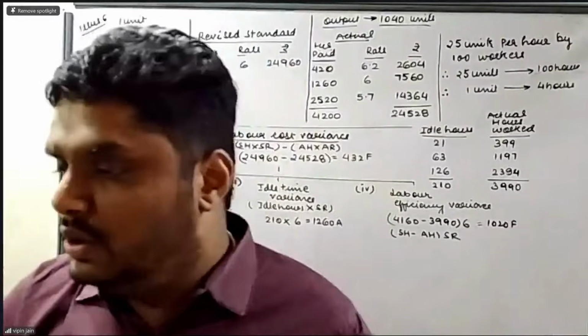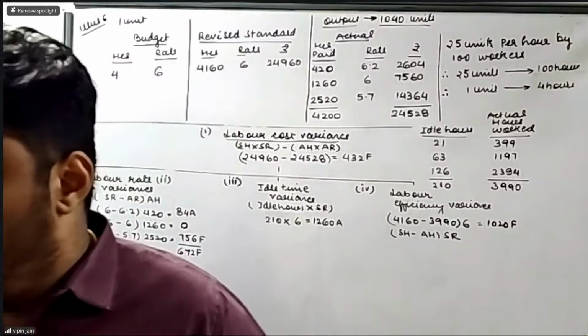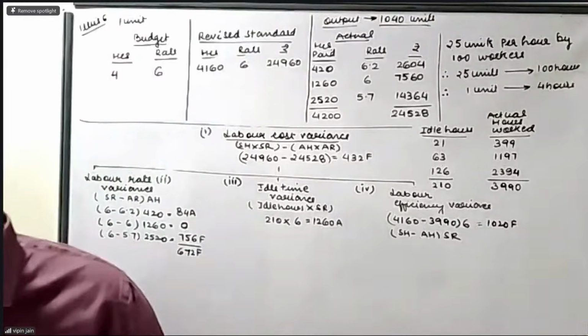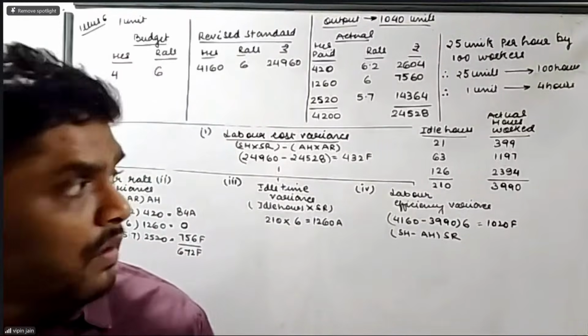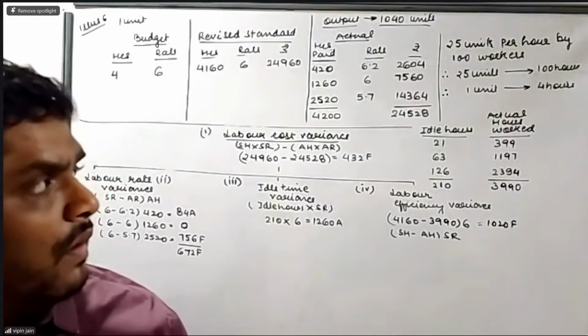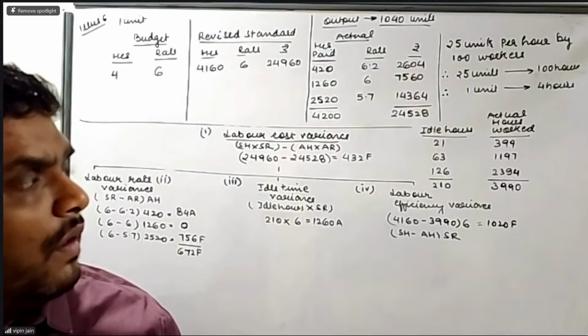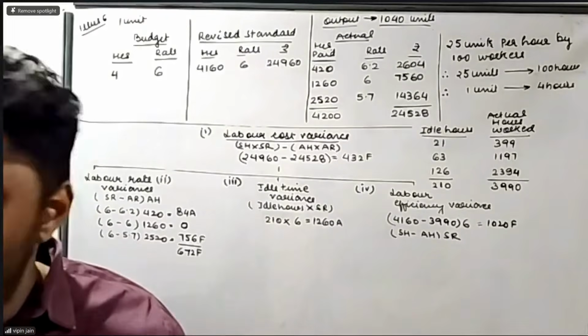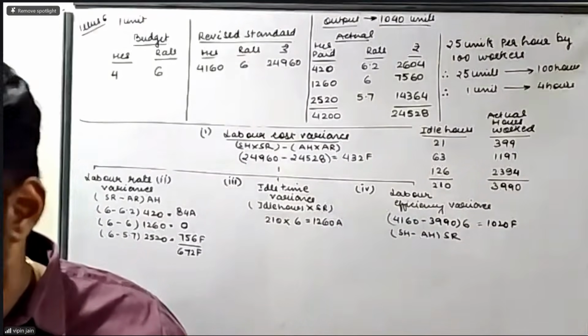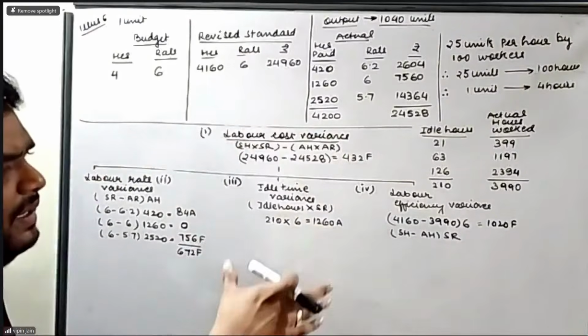Anyone else with any doubts or queries? Yes, Lohit? No sir, this was it. And the working you have shown for 25 units per hour by 100 workers, this small working is more than sufficient for this much. Alternatively, you can just write down first, second, third, fourth.